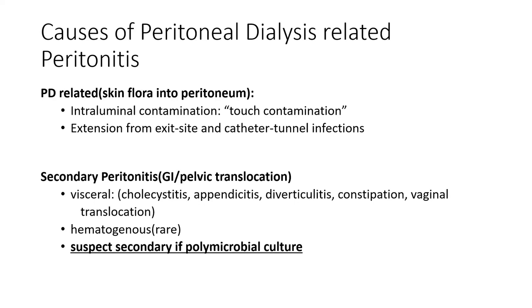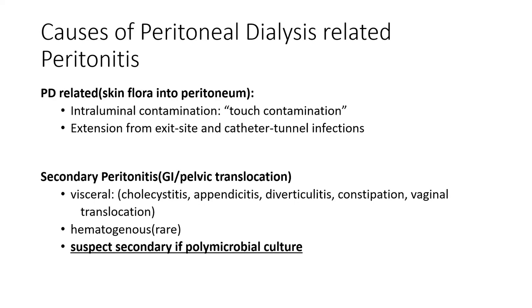You can also have a secondary peritonitis. So this is an intra-abdominal pathology, whether it's a GI infection or the translocation from constipation, a vaginal procedure causing the peritoneal fluid to get infected. So you're thinking more about GI flora. It's rare to have hematogenous spread, but it's documented.